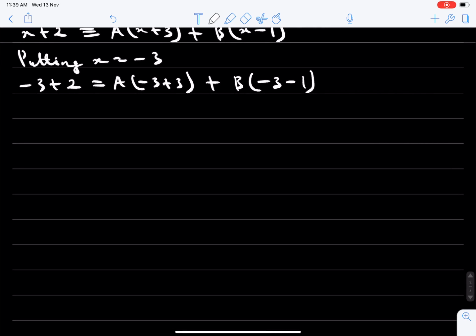Minus 3 plus 3 is 0, which means the whole of this is 0. So I have minus 1 equals minus 4b, which simply means b is equal to 1 over 4.